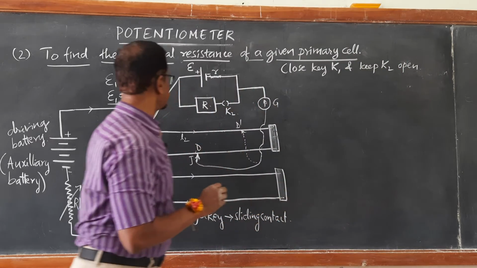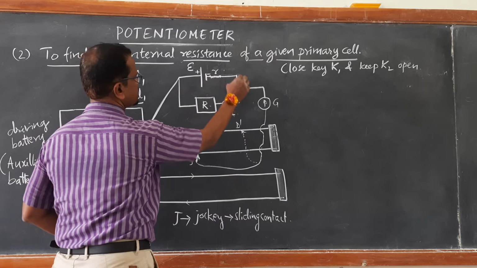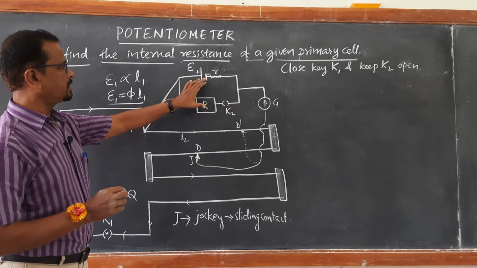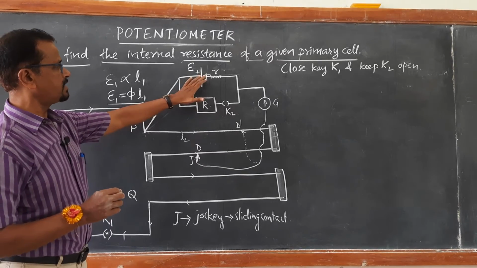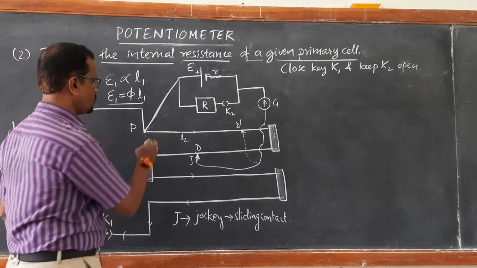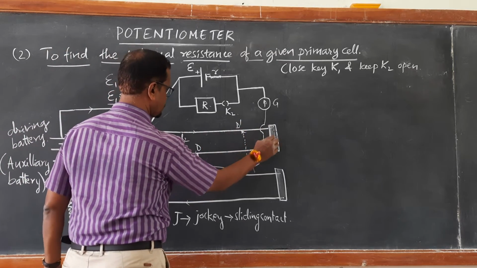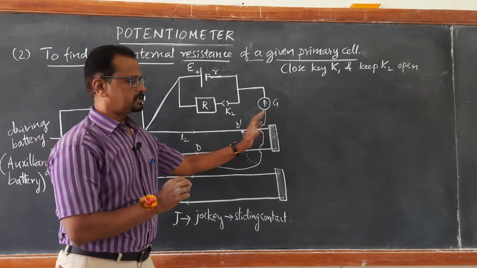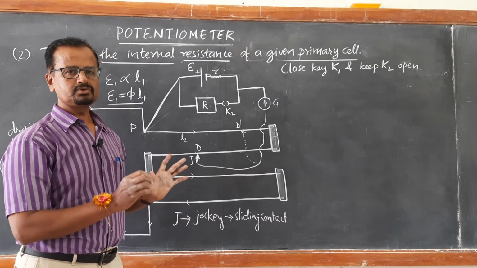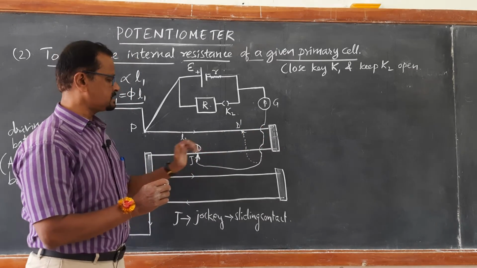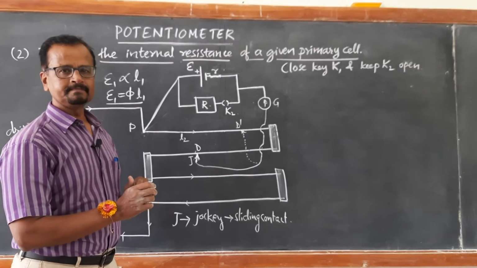Keep K2 open means only the upper circuit is in contact now, that is, the circuit consisting of the cell of EMF E is in the circuit. Then go on sliding on this wire. At one particular point D, it shows null deflection, zero deflection. Note down that length as, let us say, L1.